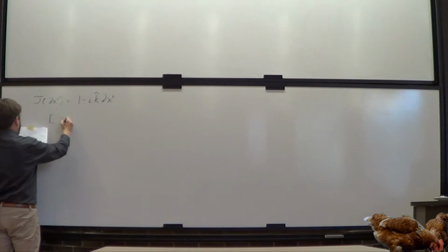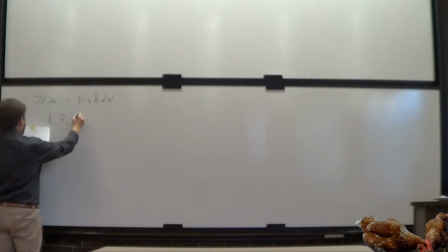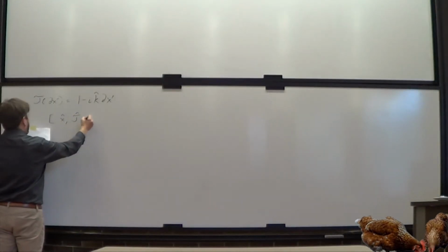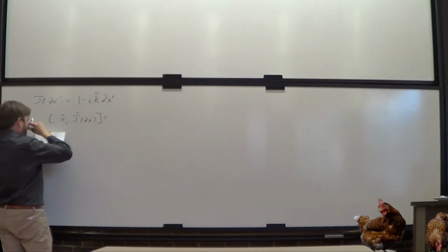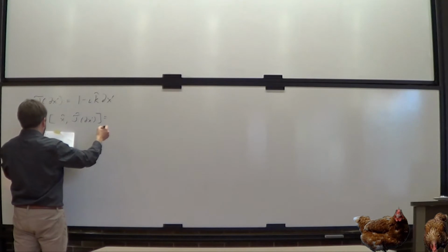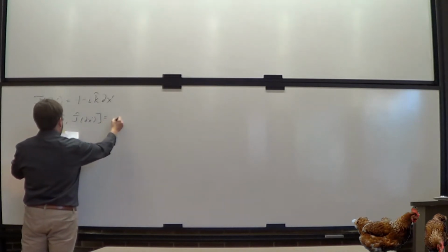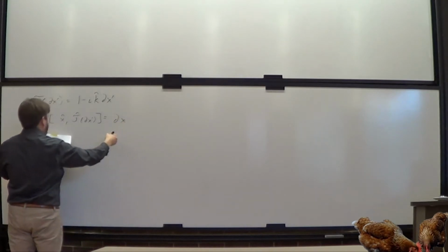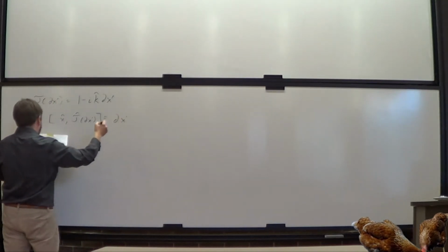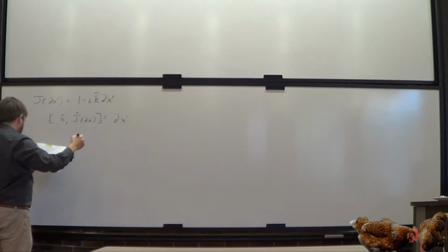Where am I at? Okay, the commutator. I later showed the commutator of this thing is basically this, and I guess that's a little prime that I don't quite remember.